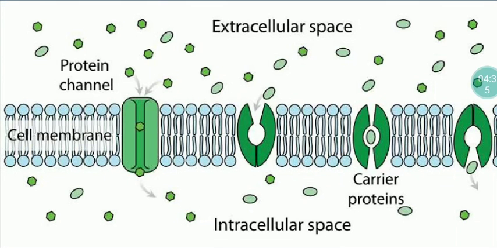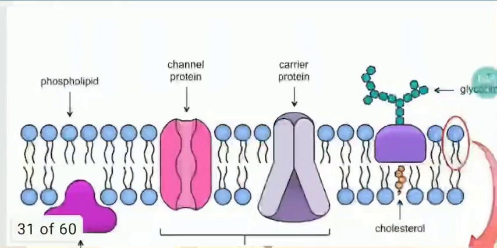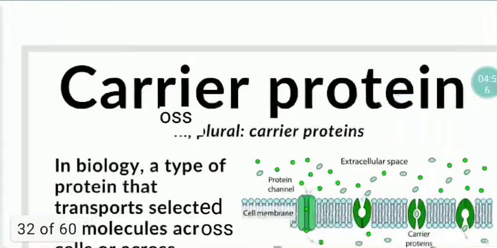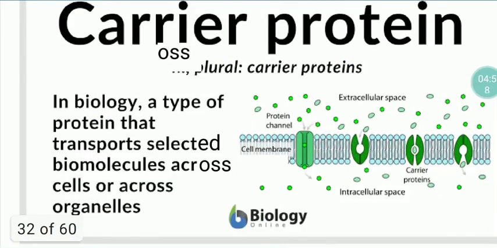This carries some kinds of ions like sodium ion Na+, K+, Cl-, Ca2+. They are charged particles. So for the transport of these charged particles, we have some specialized proteins known as carrier proteins. See, this is the carrier protein.